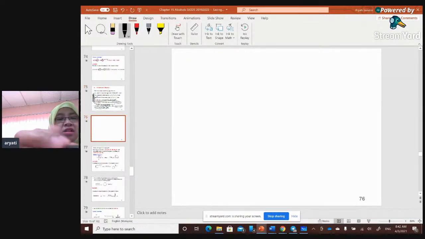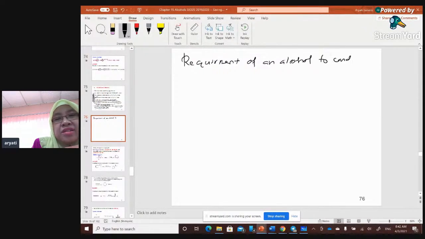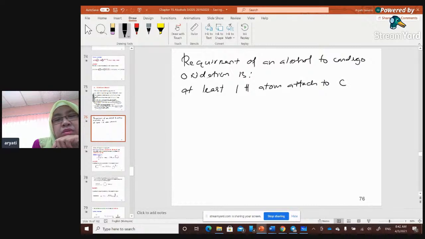Okay, so requirement of an alcohol to undergo oxidation is dia mesti ada at least one hydrogen atom attached to carbon which is bonded to OH.